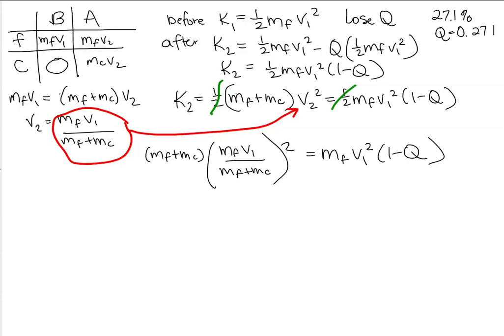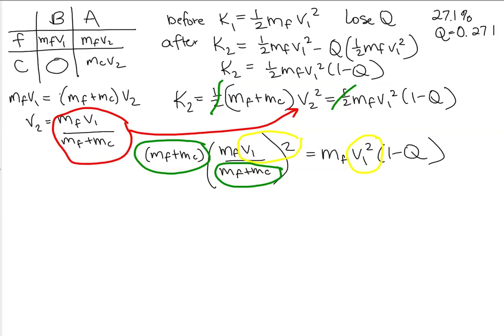Now, can you see that this velocity 1 squared and this velocity 1 squared are going to cancel each other out? Also, one of these is going to cancel with this one.